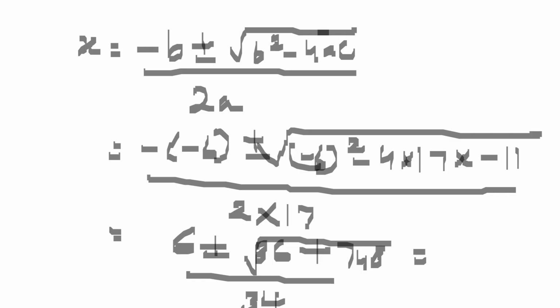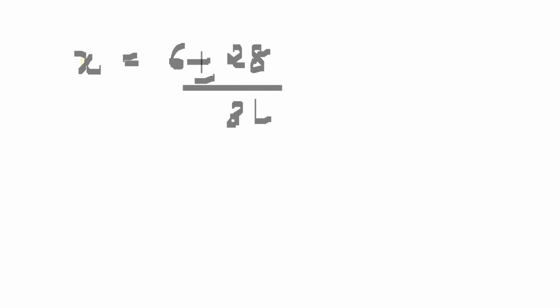So this is equal to 6 plus or minus, when you add 748 and 36, you will get 784. Root of 784 is 28, divided by 34. So now we have x equal to 6 plus or minus 28 by 34.